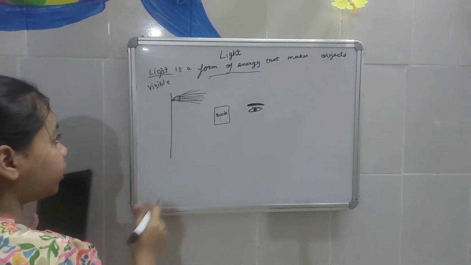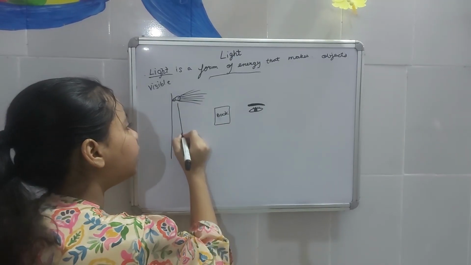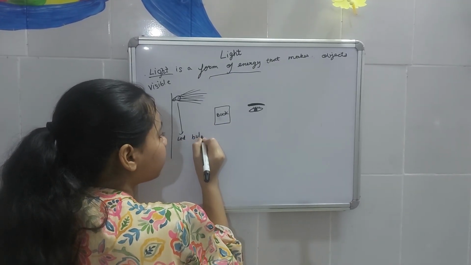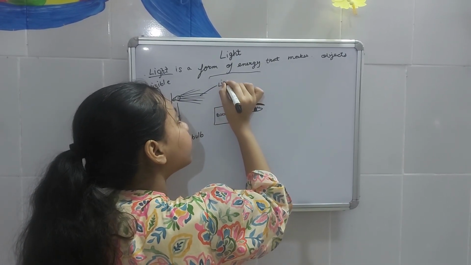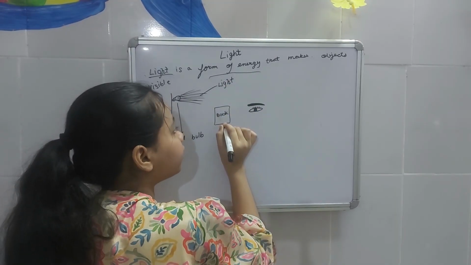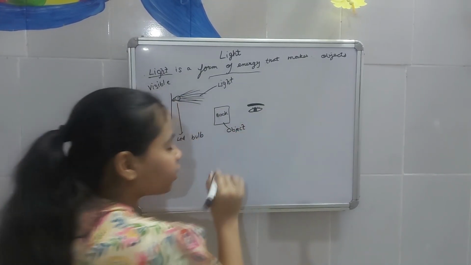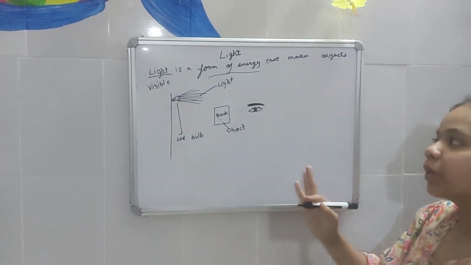Here is the LED bulb. This is the LED bulb, right? Now what is this? This is light. This is an object. You can take any object over here. I have taken a book.